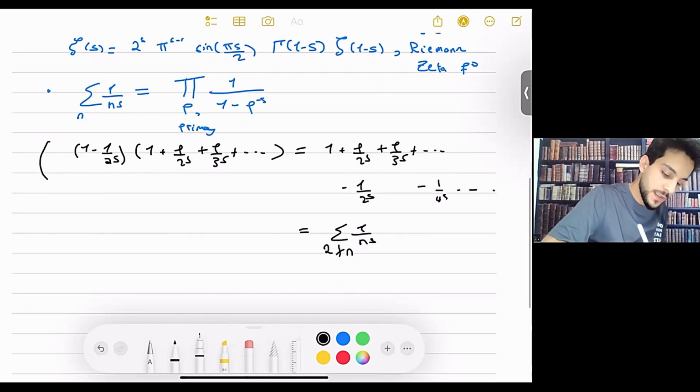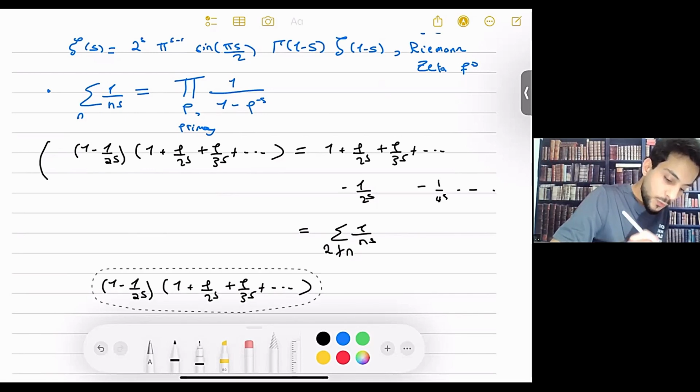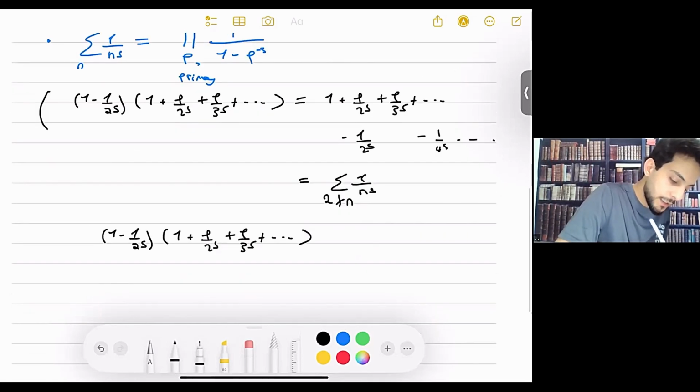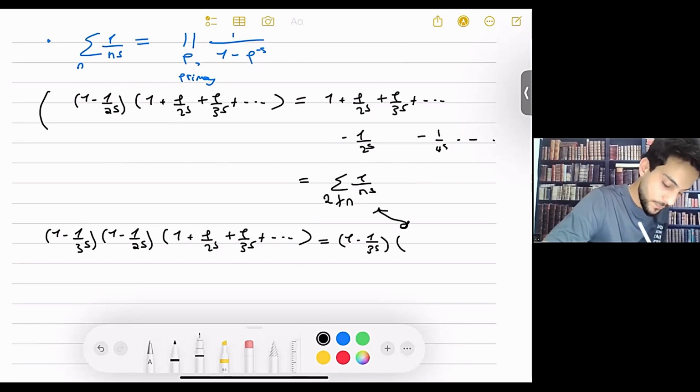So if we repeat the process, but now for the second prime, if we get this resultant and we hit it by the quantity 1 minus 1 over 3 to the s, which is 1 minus 1 over the second prime to the s, we're going to be hitting the following sum, after we omit all the even terms.